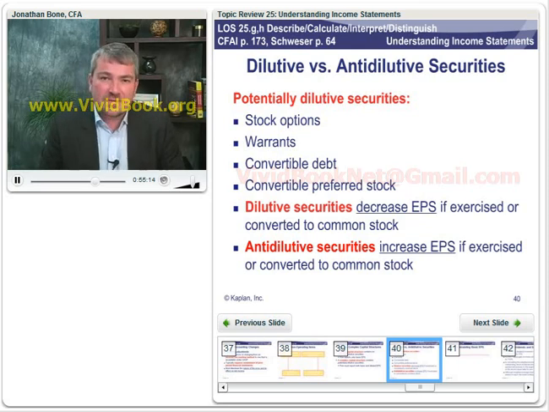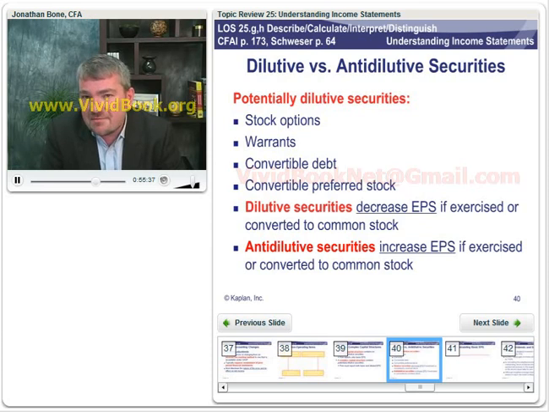Now let's talk about this distinction between dilutive and anti-dilutive. A security is deemed to be dilutive if, when we look at whether it would be exercised or not, it causes EPS to fall. We're going to look at these instruments and pretend that they are essentially converted at the beginning of this year, regardless of whether they actually can be or not.